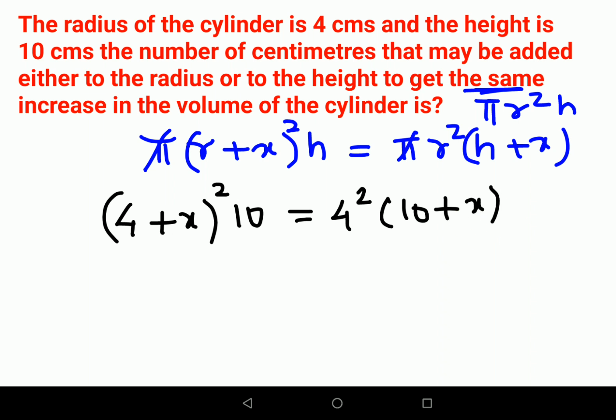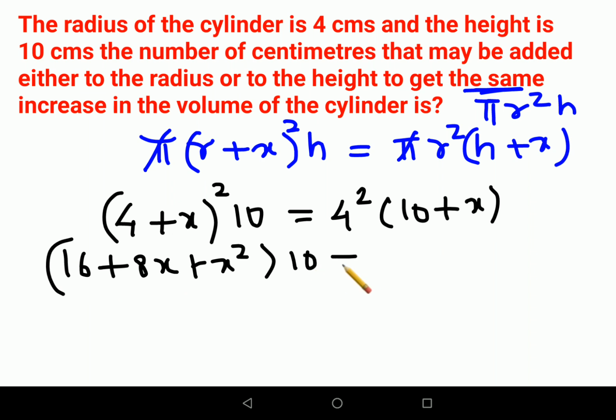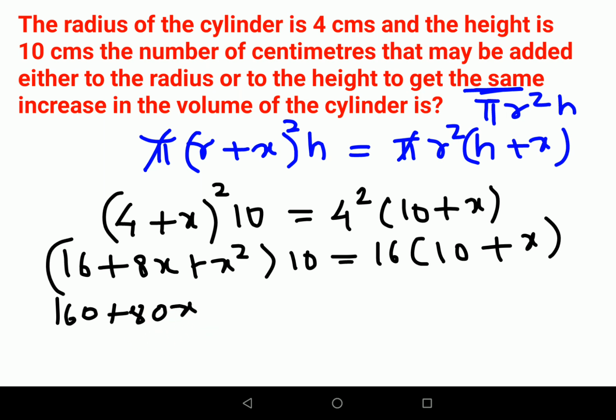Okay, so now we can write this as nothing but what? (16 plus 8x plus x square) into 10 is equal to 16 into (10 plus x). So now this comes out to be 160 plus 80x plus 10x square is equal to 160 plus 16x.